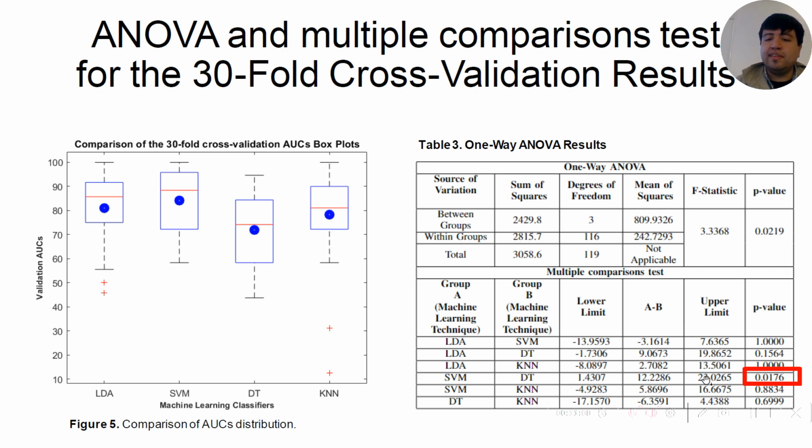What we found out is that the only classifiers that show a difference in their average AUC were the support vector machine and the decision tree. But for most of the cases, there was not a statistical difference between the average AUC obtained for each of the classifiers. And also the decision tree was the classifier that gave us the lowest performance compared to the others.